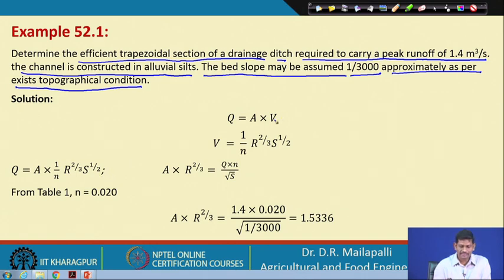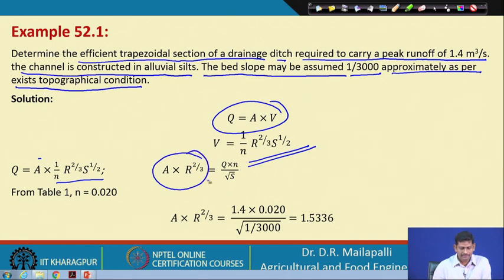So, the solution here is using the continuity equation Q is equal to A into V, where V is from Manning's roughness equation, V is equal to 1 by n R power 2 by 3 into S power half. Substituting in Q, A into V, then A R power 2 by 3 will be taken out, and it is Q n by square root S. From table 1, for alluvial silt n is equal to 0.2.